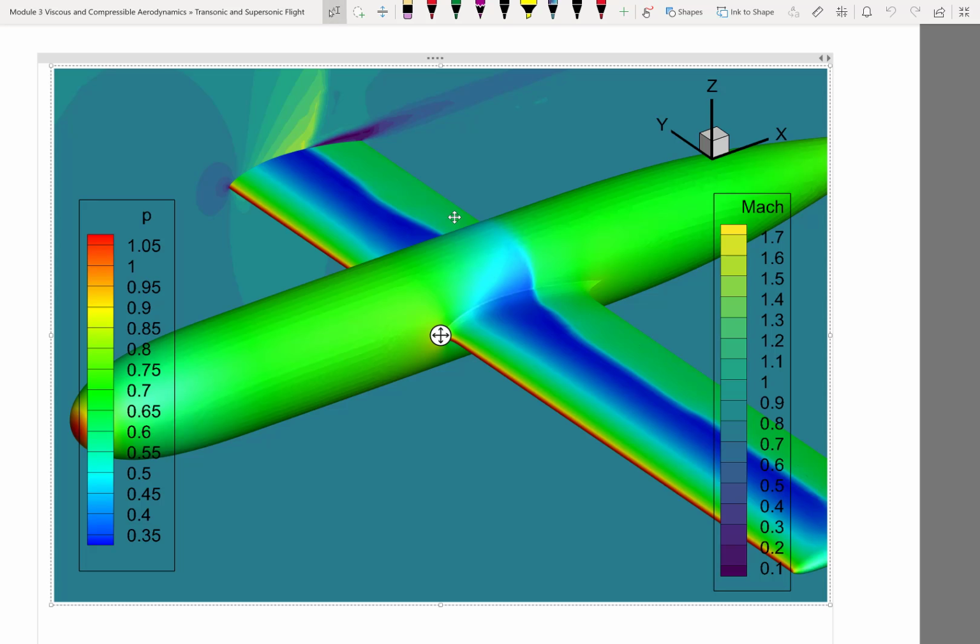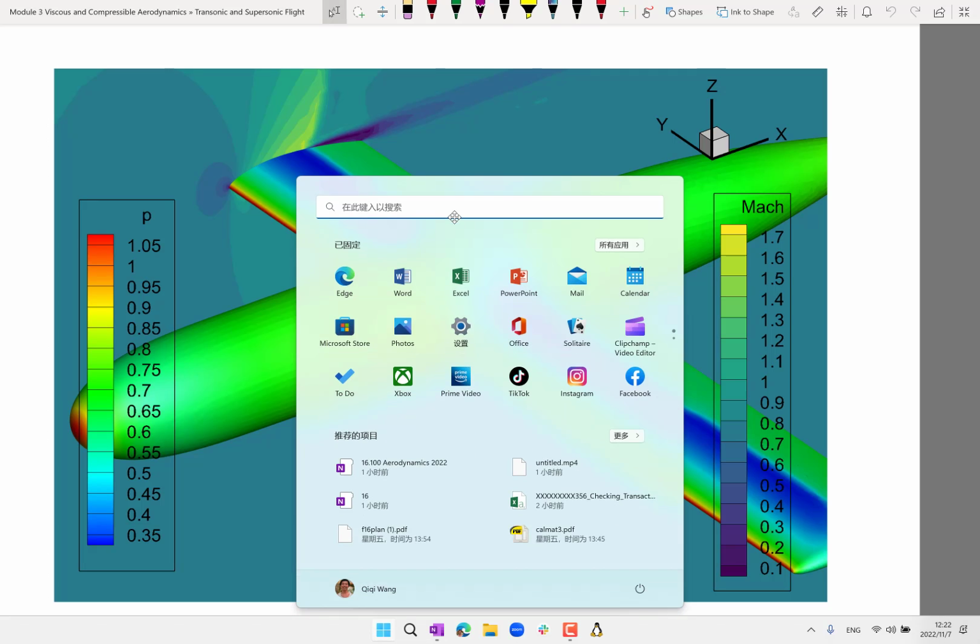It doesn't make sense to show the Mach number on the surface of the airplane because the Mach number is equal to 0, right? It's a solid wall. I mean, this is a viscous calculation. All right. Sorry, I didn't explain that very clearly.